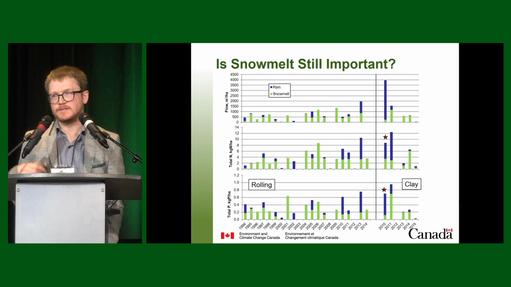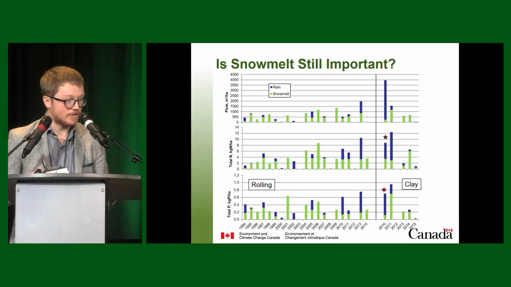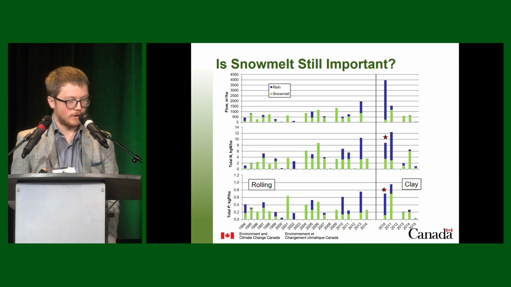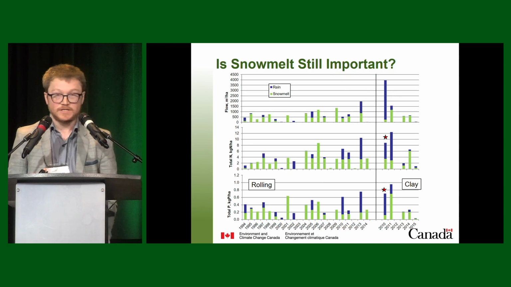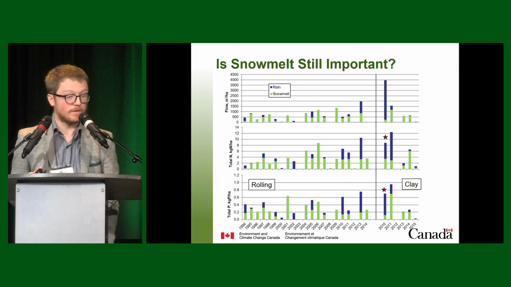And then we have different periods of time associated with each, where we're measuring flow on the top figure, and then total nitrogen and phosphorus load on the middle and bottom figures, respectively. Within each of these, we're partitioning between rainfall runoff and snowmelt runoff.